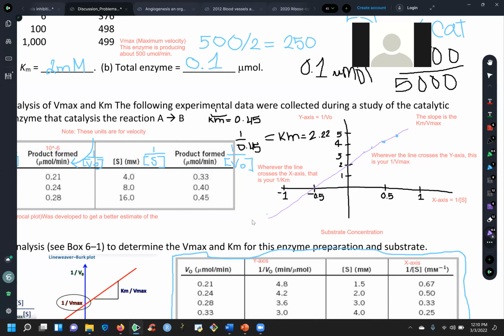And the x-axis is equal to 1 divided by the substrate concentration. So like I said, the inverse. And we already talked about substrate concentration, so x-axis easy, right? Okay, y-axis is 1 over the V0.